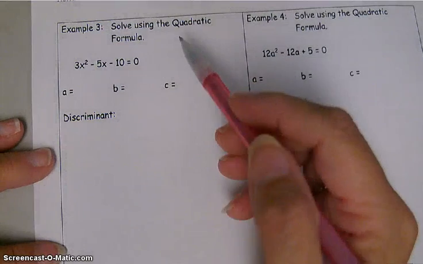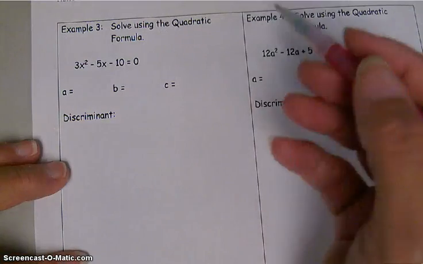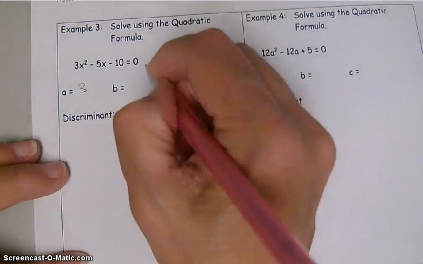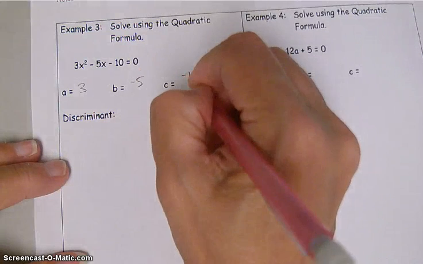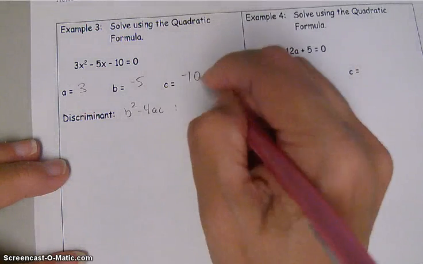Okay, so example 3, I'm going to skip even trying to factor. So it says that I just want to practice using the quadratic formula. So I identify my A, my B, and my C, set up the discriminant, b squared minus 4ac, and calculate the value.